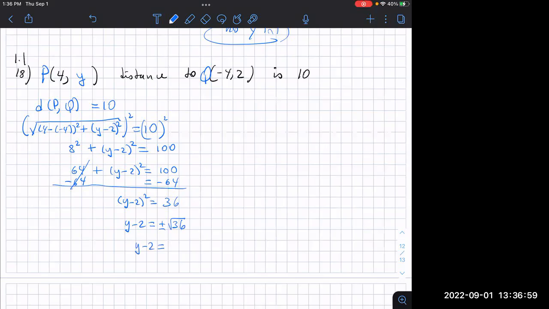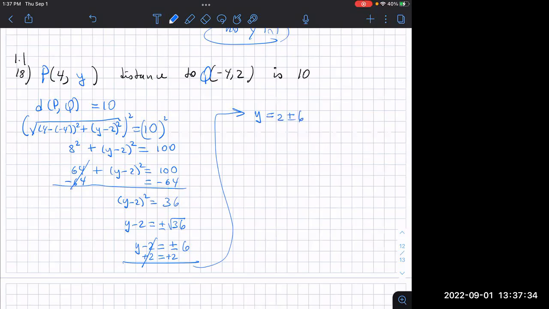So y − 2 must be equal to plus or minus the square root of 36, which is 6. Okay, solve for y. Add 2 on both sides. So y equals 2 plus or minus 6.